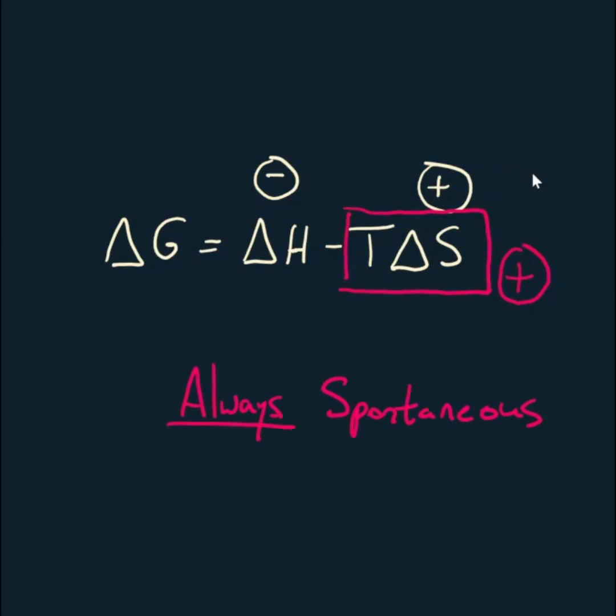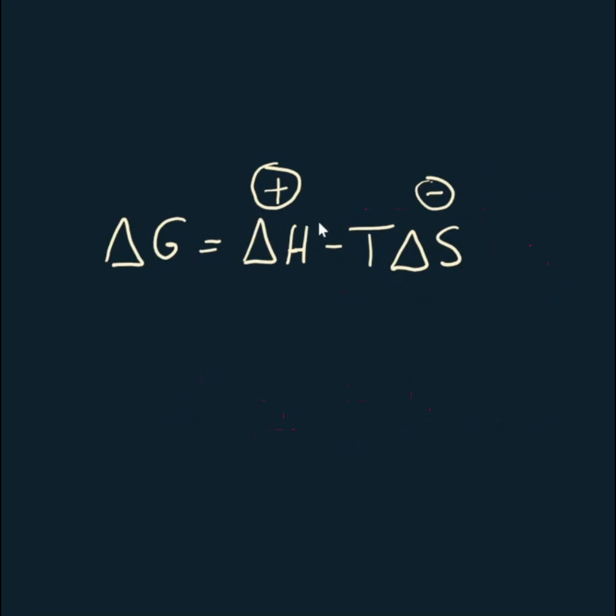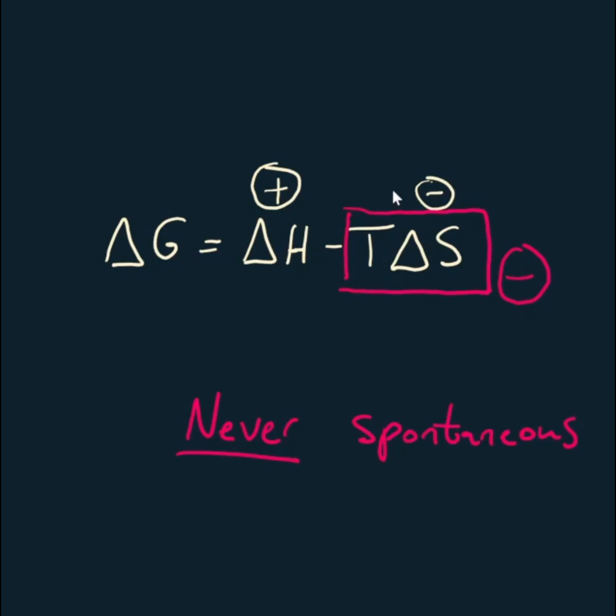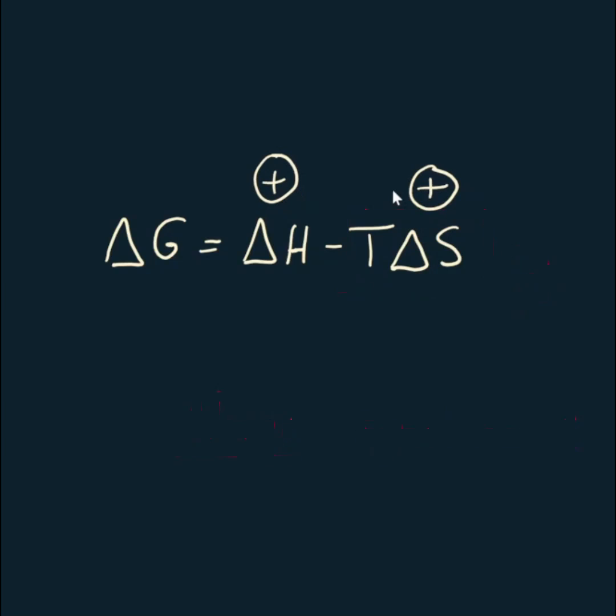And so for that reason, this equation will always be spontaneous because you're always going to get a higher negative delta G value. If delta H is positive and delta S is negative, then this red box is going to be negative, and so a positive minus a negative value will always give you a higher positive value by the end. So for that reason, this scenario will never be spontaneous.